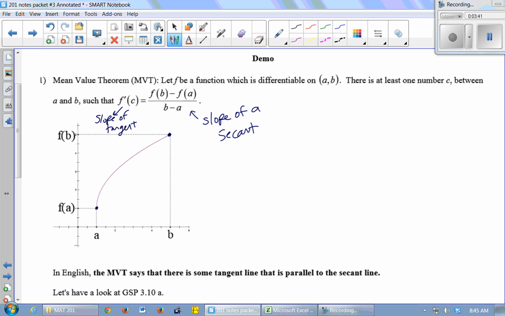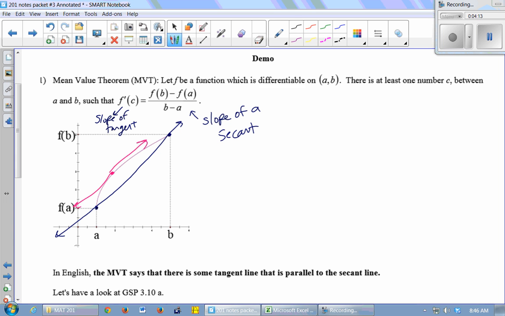So if I draw the secant line in, connecting the points a comma f of a to b comma f of b, it's got some slope. The mean value theorem says that if f is differentiable, then it guarantees that somewhere between a and b, you can find a c value so that the derivative there, that is the slope of the tangent line there, is parallel.